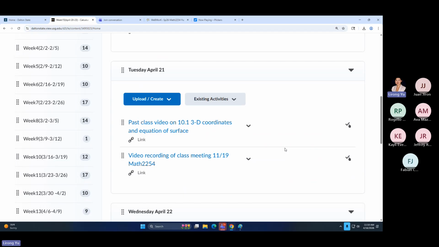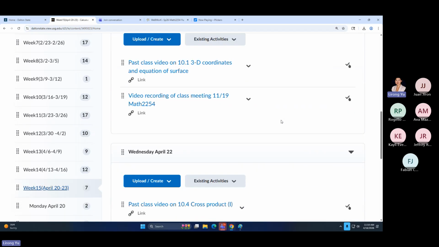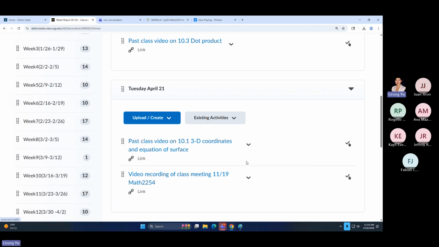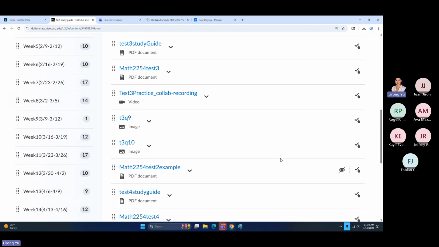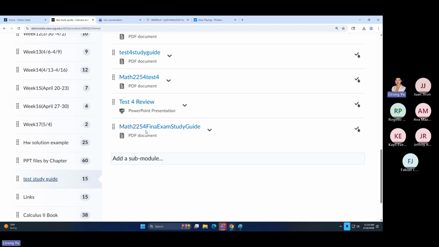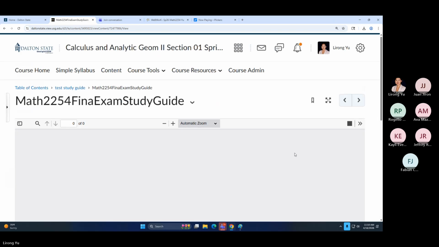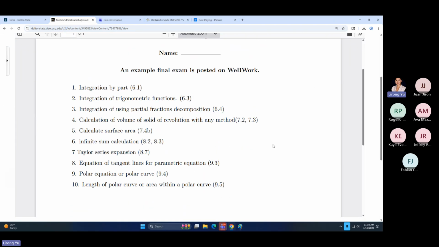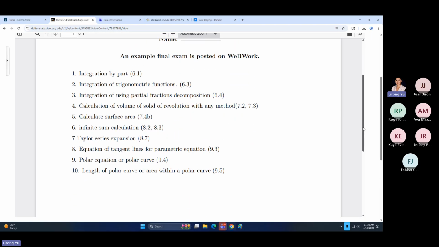Let me see. I felt like it could be on the final, it could, but it's definitely not on test 4. What is on the final or not? I want to see what I did last time. There's a plan. All right, so the original plan was to have 10 questions on the final exam.